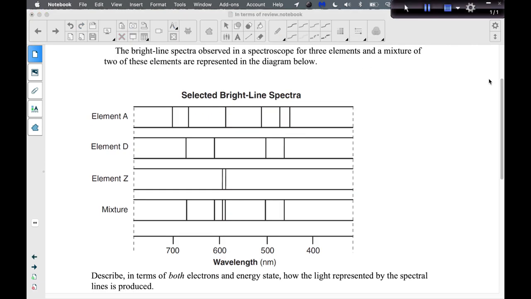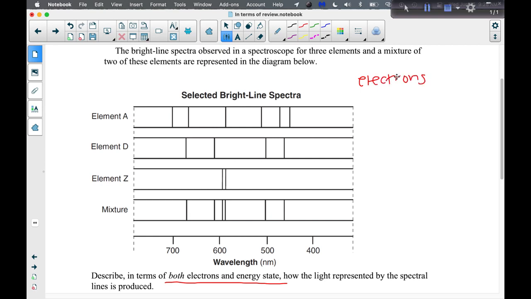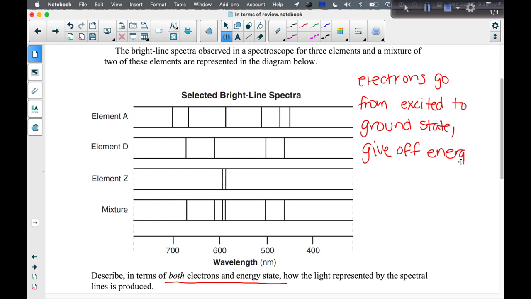Next question, again about the bright line spectrum. This time it says both electrons and energy state. So again, you're going to say when electrons go from an excited state to the ground state, they give off energy as light.